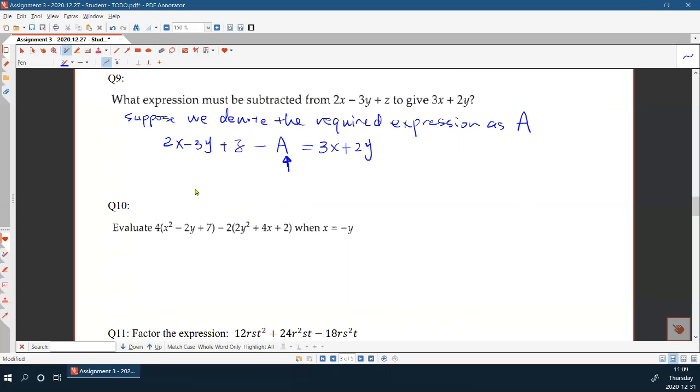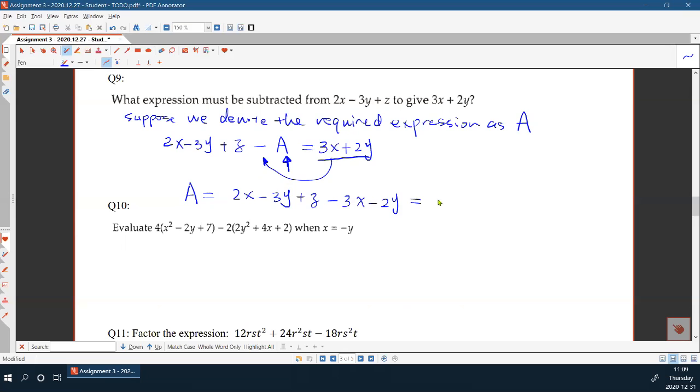To find A here, you can put the second expression to the left-hand side and put A to the right-hand side, right? So A is 2x minus 3y plus z minus 3x minus 2y, right? Because when you put any expression on the other side of the equation, the signs change.